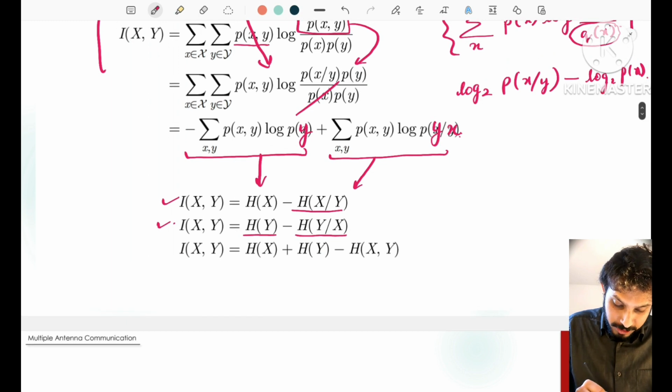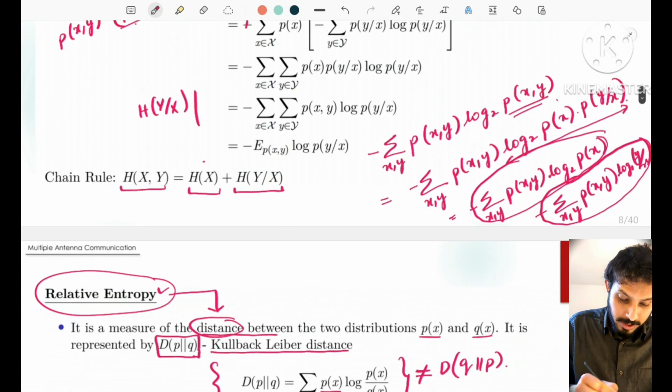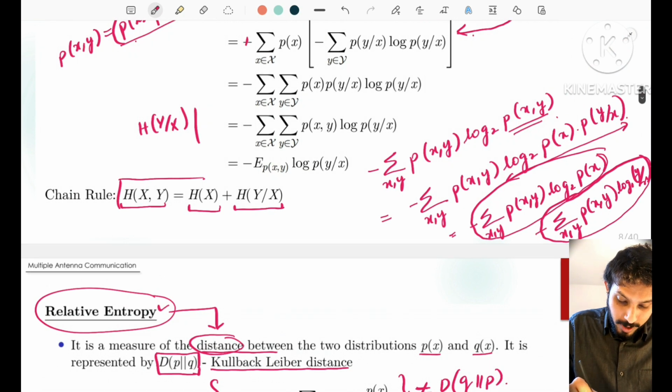And then again from the chain rule, we have the mutual information I of x comma y is equal to H of x plus H of y minus H of x comma y. This can be obtained easily by using the chain rule: H of x comma y is equal to H of x plus H of y by x.